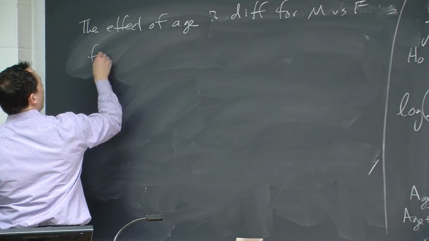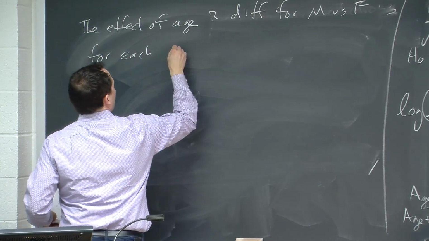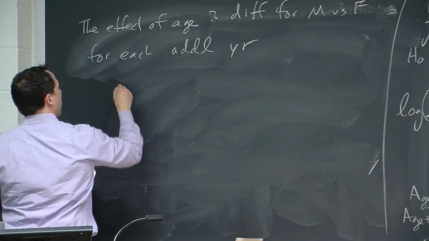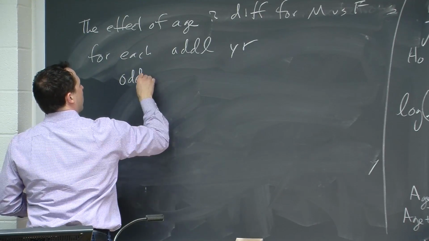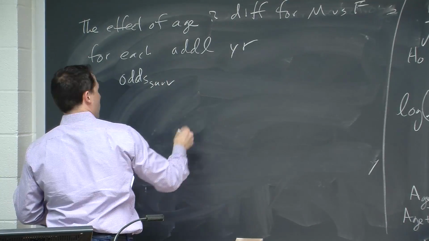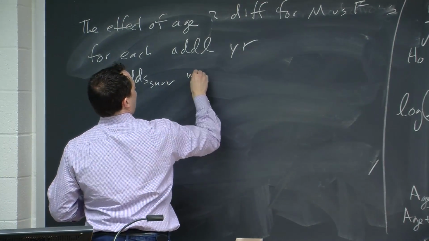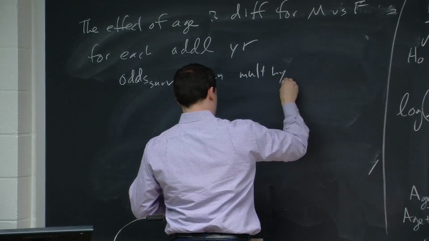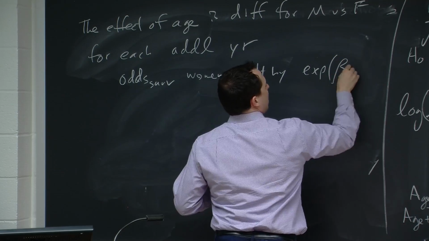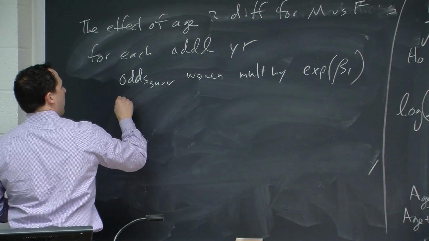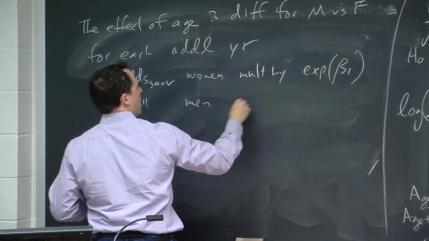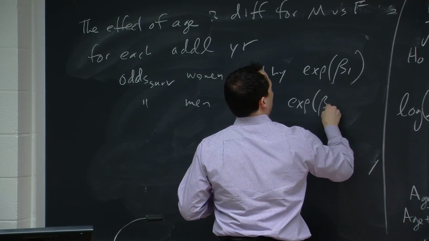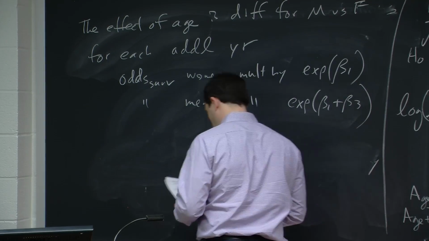For each additional year, for each amount that the age variable goes up, the odds of survival for women is multiplied by e to the beta 1, and the odds of survival for men is multiplied by e to the beta 1 plus beta 3, the interaction term.